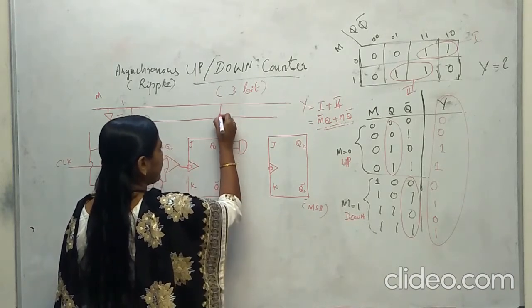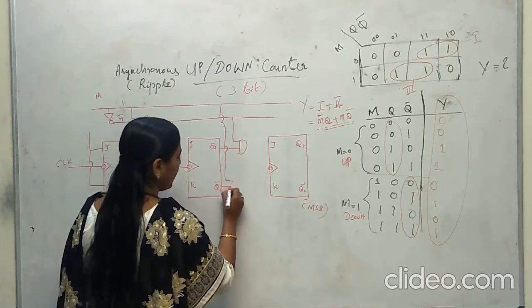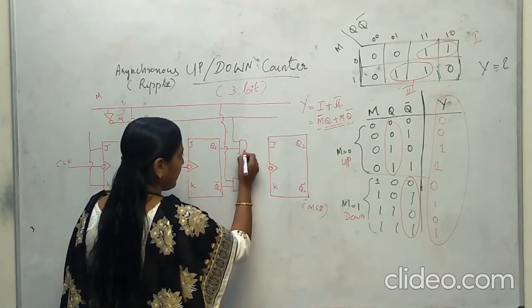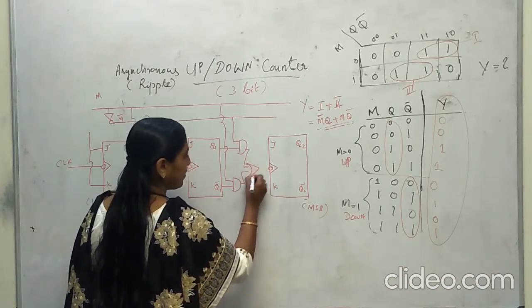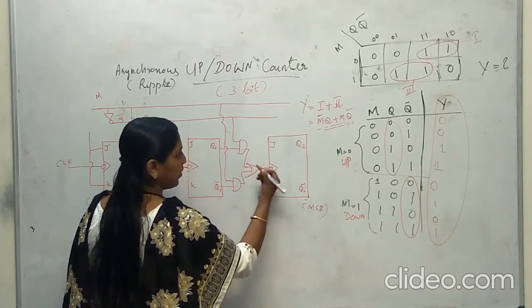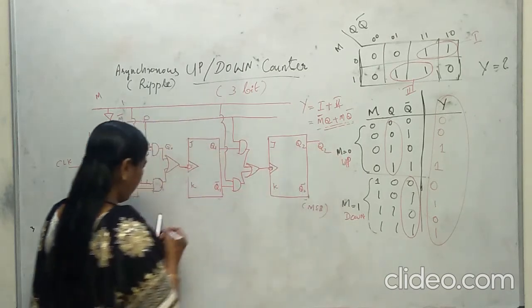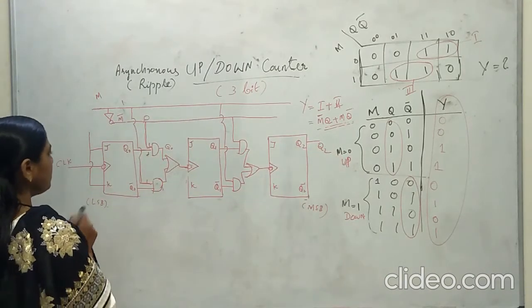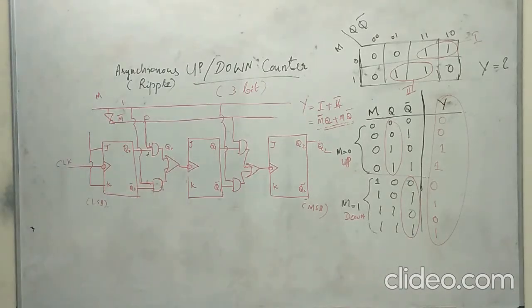Then if M is equal to 1, I have to choose Q1 bar. Then you can connect both using an OR gate, and that can be given as the input. And this is Q2. So this is our Q0, Q1, Q2.